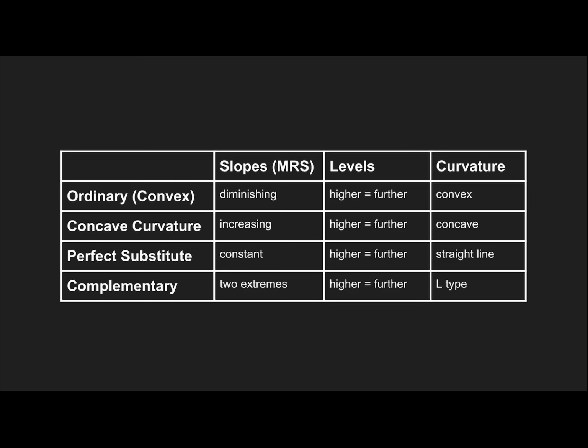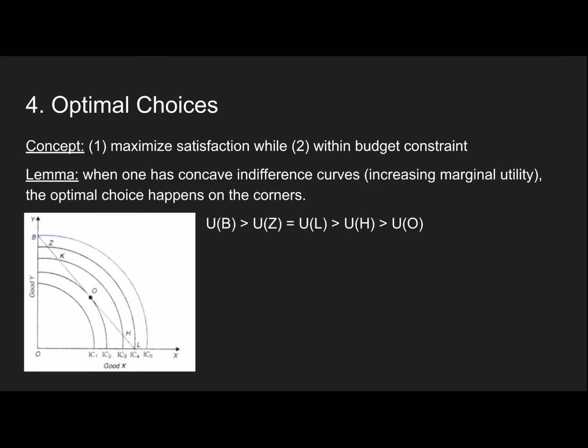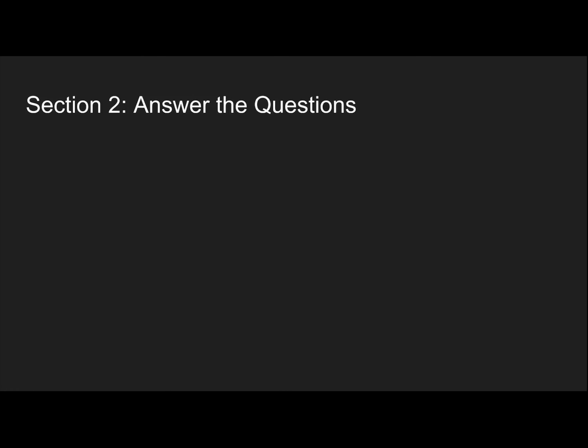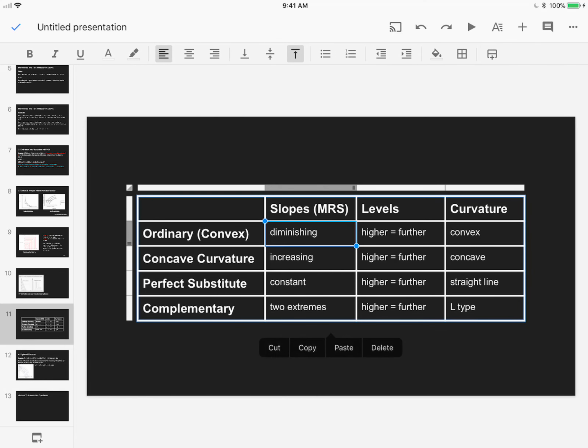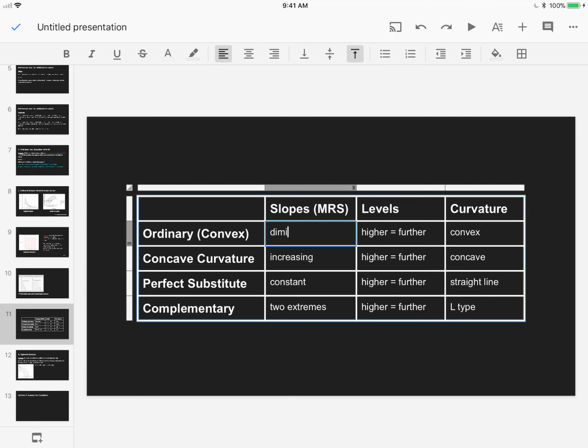Sorry, I think I have to fix this later, because I should put negative or positive in the slope cells and put the diminishing and the increasing in the curvature cells, and that's more relevant. I will change this. I can do this right now. So like here, this is negative. It's downward sloping and means the slopes are negative.